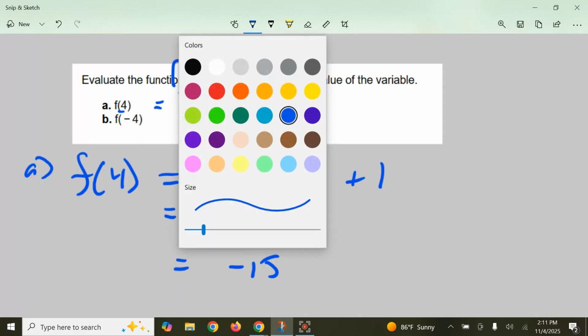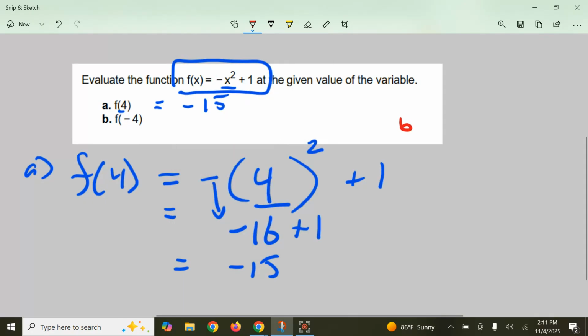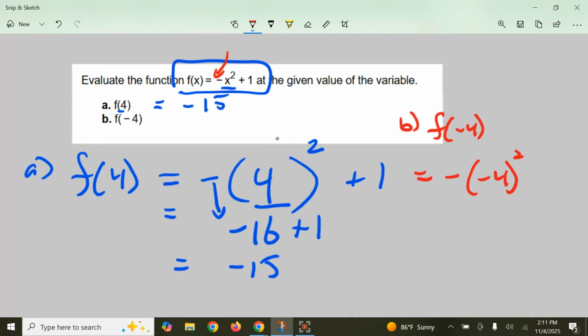Okay. Let's do part B. Part B says we're going to find f of negative 4. I still see that negative. I'm going to put it right here: negative of negative 4 squared plus 1. Okay, I'm bringing this negative down. Negative 4 squared means negative 4 times another negative 4. That's a 16, but this keeps it negative.